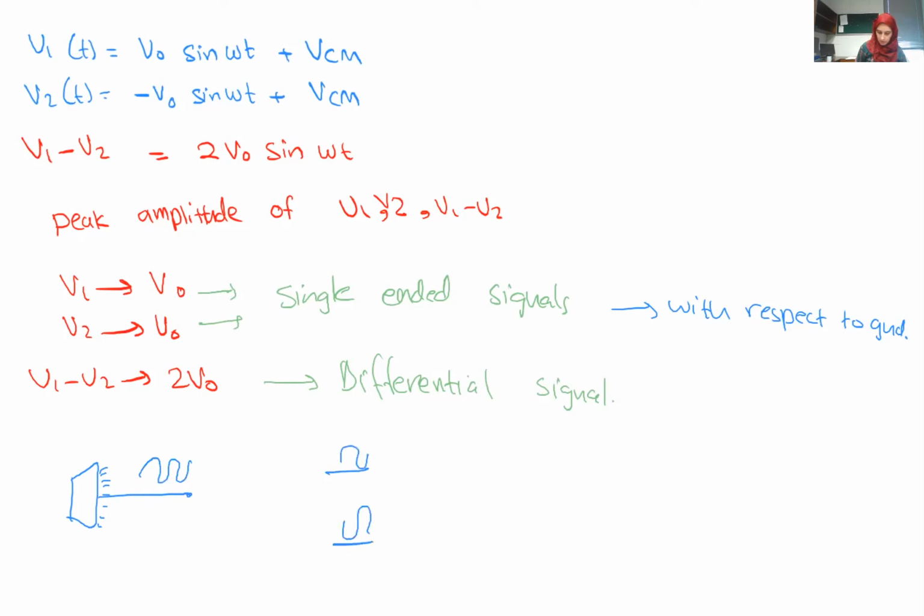One way, but it's not limited to it, is if you use a transformer in this way, with some coupling in the middle, you can convert this single-ended input signal into differential signals.